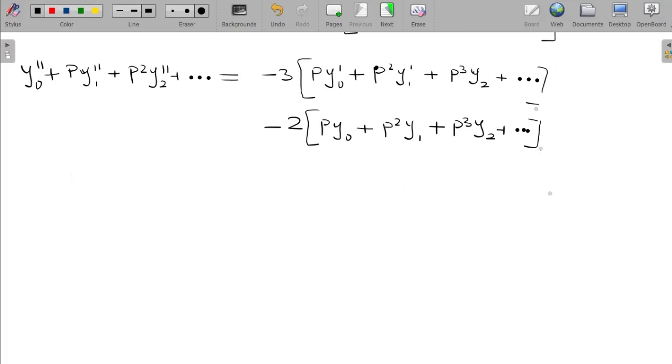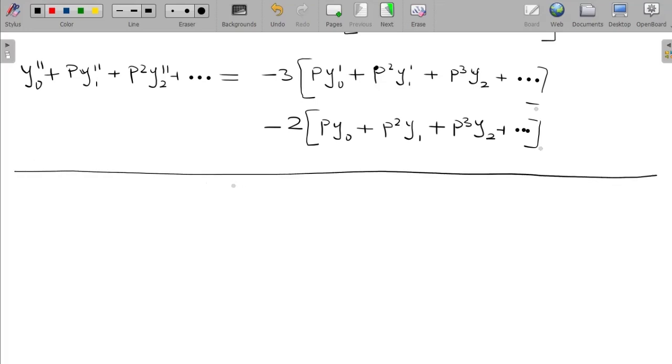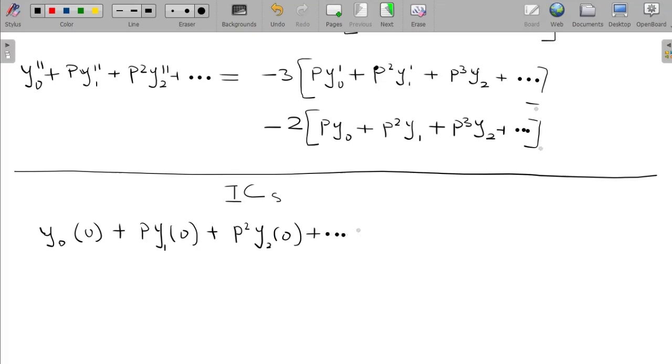So the next thing we are going to do is the initial conditions. The first initial condition will be written as y0(0) + p y1(0) + p^2 y2(0) + and so on, so the initial conditions here will be 1 for the first one, 0 for the second one, 0 for the third one, and so on.